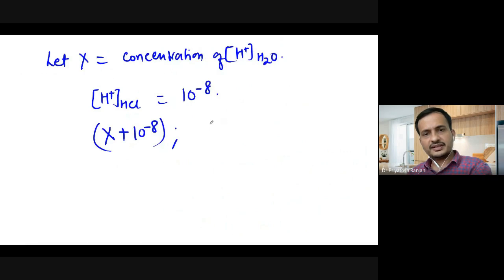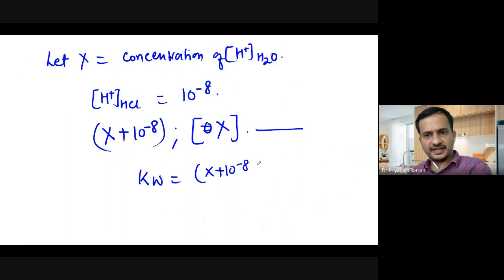So let's consider the hydroxide ion concentration is also X. Let's try to put this value into the equation of the ionic product of water, which is equal to X plus 10 raised to the power minus 8, which is the concentration of hydrogen ion, and X, which is the concentration of hydroxide ion.